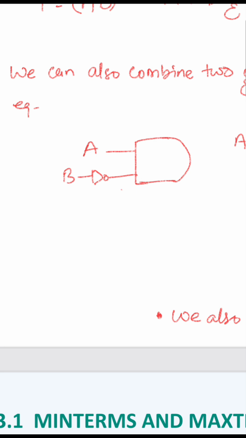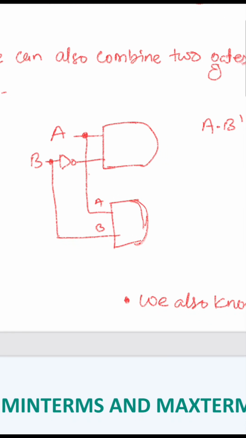Now I have connected a AND gate at the output of previous NOT gate, right? I can add another gate, another AND gate, but here one thing is different. You can see one of the input is a, which is derived right from the previous input, and other input is b, which is derived from previous b.